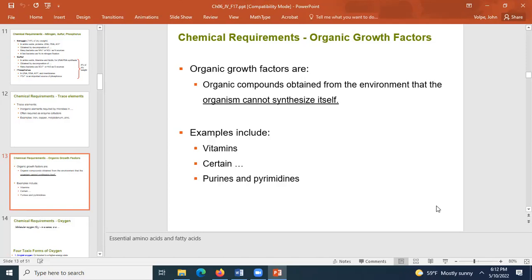And then some organisms, usually microbes, require purines or pyrimidines, meaning the molecules of aerobic respiration. For organic growth factors, you don't usually find many of them in the food you eat, although meat would be an exception. Meat would offer purines and pyrimidines and certain vitamins.